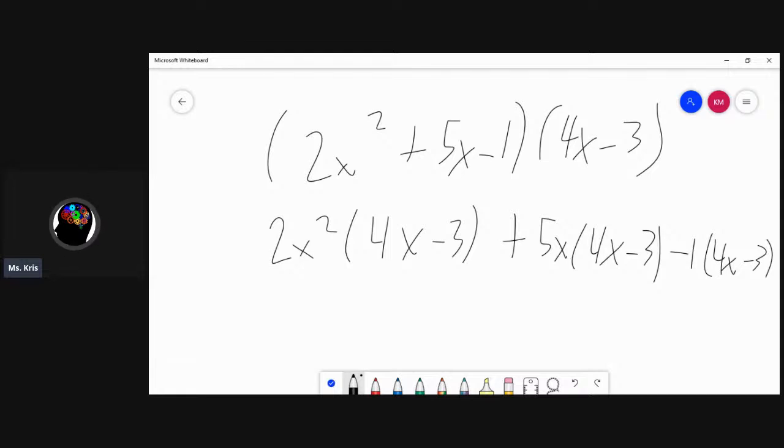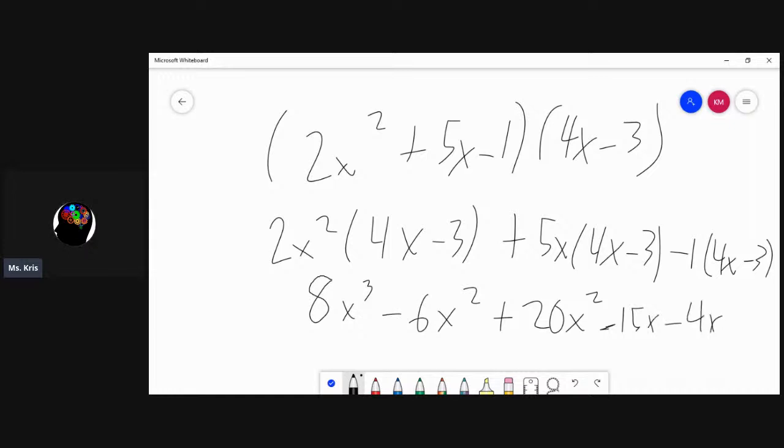So when I do that, I end up with, distributing through each parenthesis, 8x to the third minus 6x squared plus 20x squared minus 15x minus 4x plus 3.